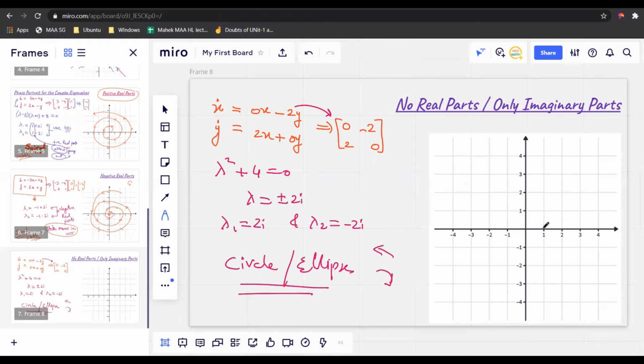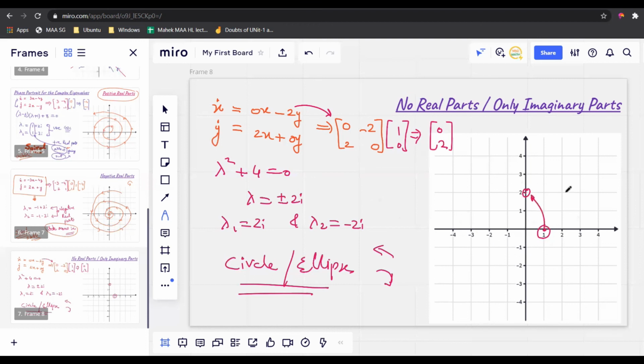Again, whether the direction is clockwise or anti-clockwise, you figure out from random inputs. The same concept applies. I'll take randomly, let's say, (1, 0). I'll put it over here and see what happens. This gives me 0 in the first component and 2 in the second, so this transforms into (0, 2), which is here. So this point moves like this.